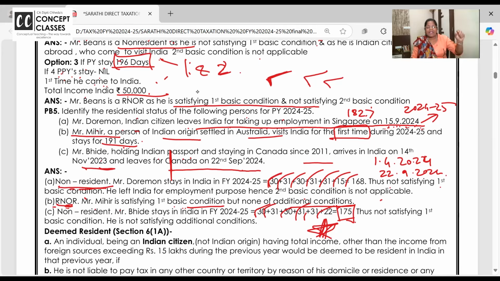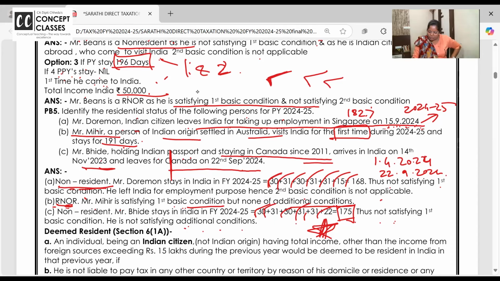Is he satisfying the first basic condition? No. And is the second basic condition applicable to Bhide? 60 days and more. He's not satisfying the additional condition, and the first basic condition is not satisfied, as it needs 182 days or more. Okay, right.